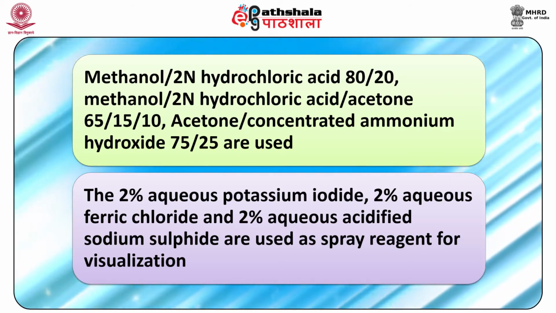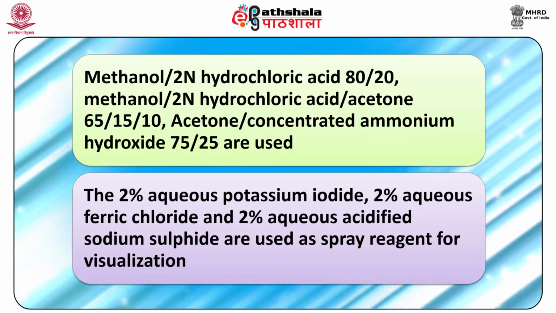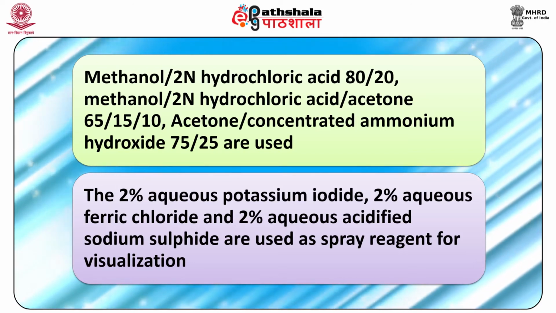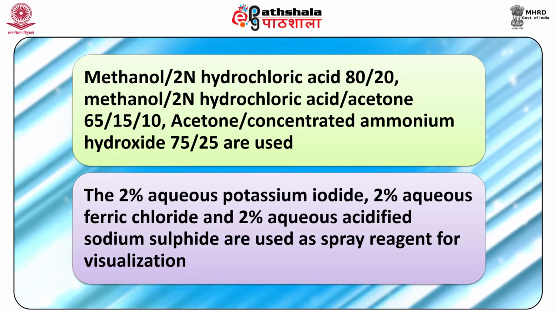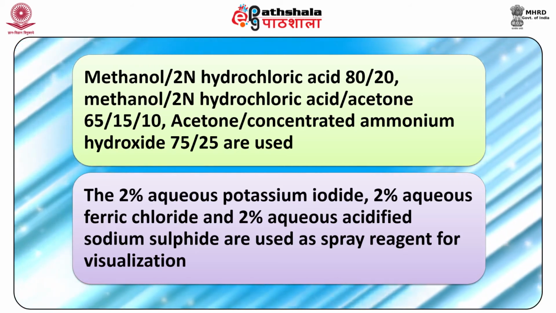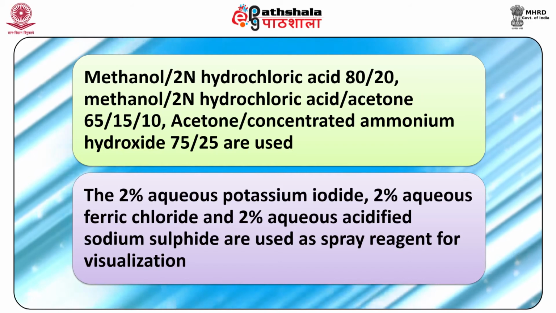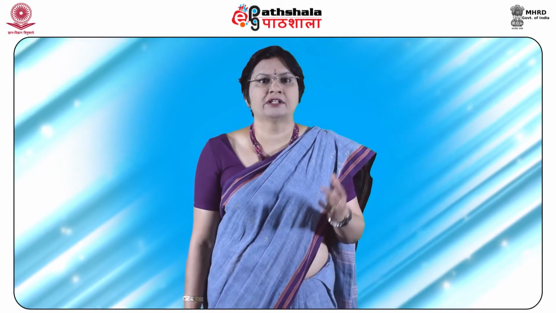For getting the color spots shown in the table, you can use 2% aqueous potassium iodide, 2% aqueous ferric chloride, and 2% aqueous acidified sodium sulphide as the spraying reagents. The results are in the table, where the mercury 2 and lead 2 ions, the styphnate, fulminate and azide have different RF values and colors.